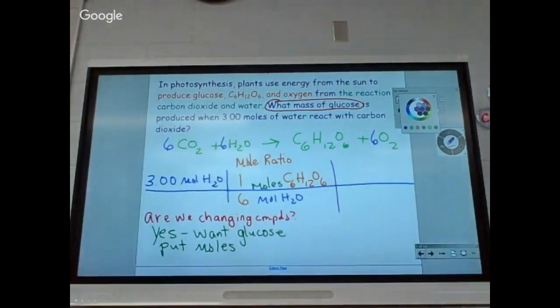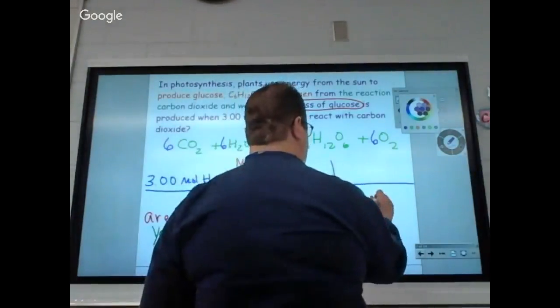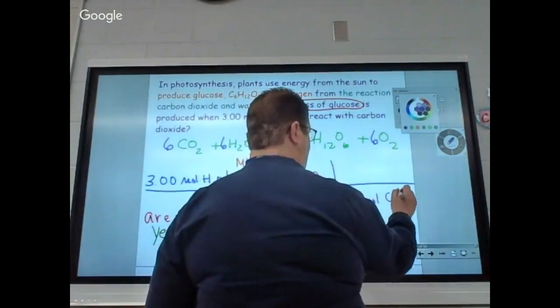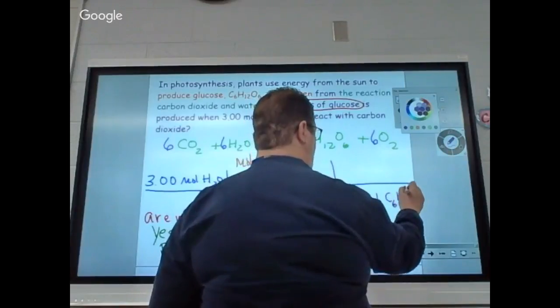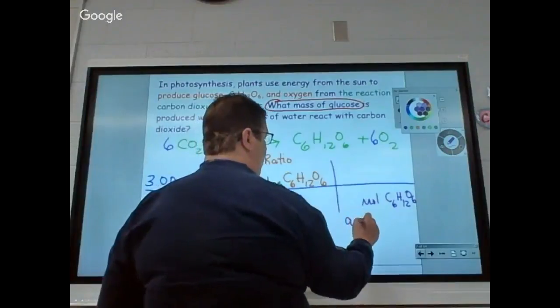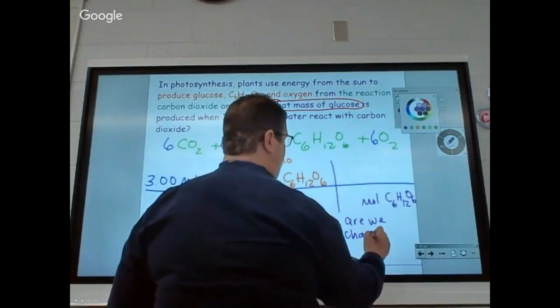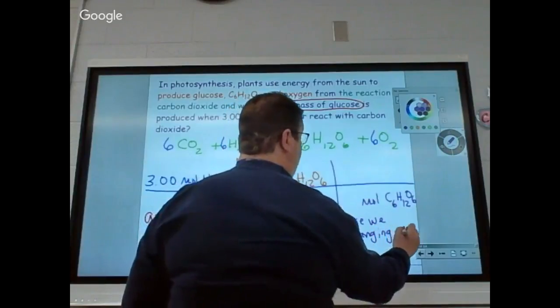So what moles C6H12O6? That's right. So the moles of C6H12O6 go on the bottom. Okay. Are we changing compounds?